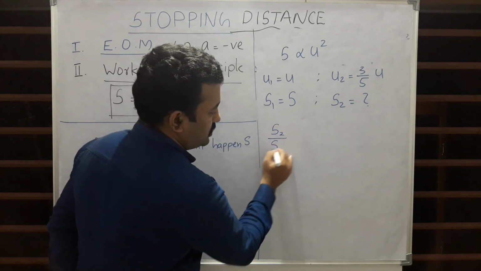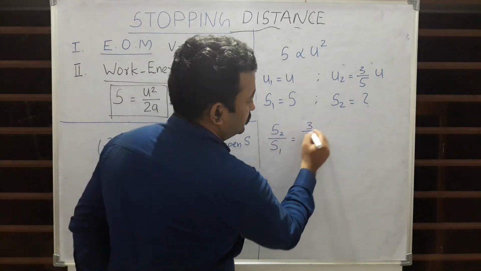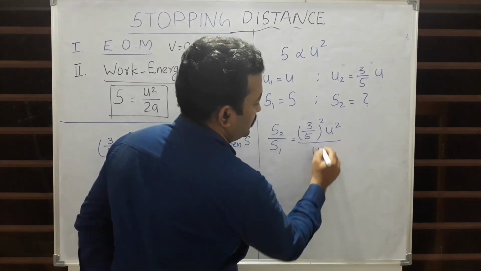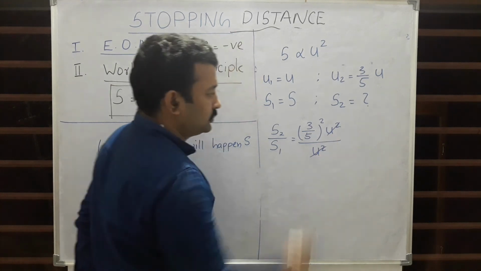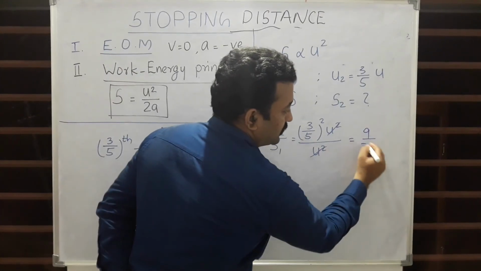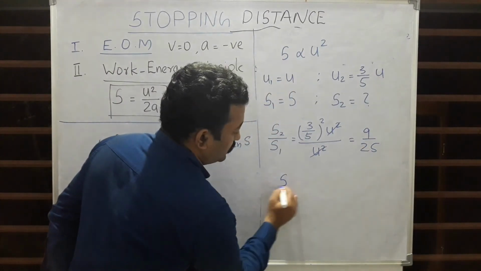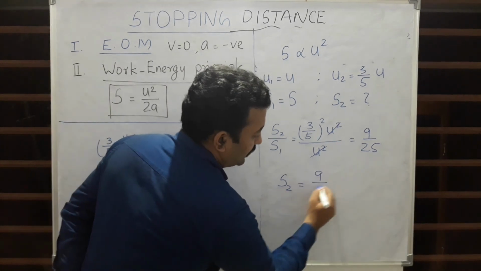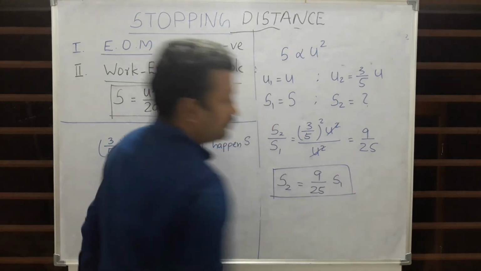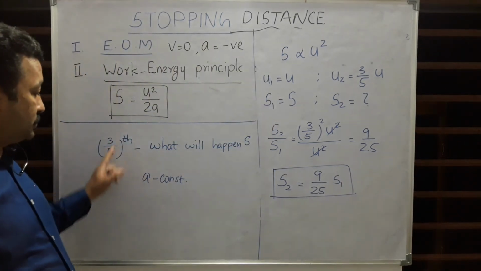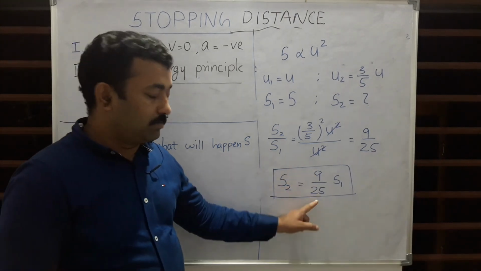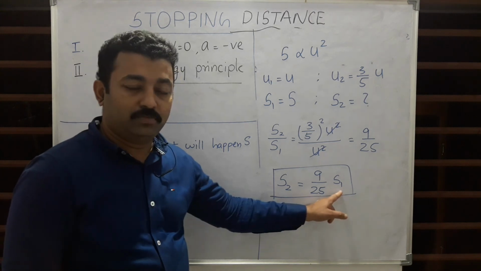S2 by S1 is equal to 3 by 5 the whole square, U square divided by U square. That is 9 by 25. So S2 becomes 9 by 25 times the initial value. So when the initial velocity reduces to 3 by 5th of the initial value, the stopping distance becomes 9 by 25 times the initial value.